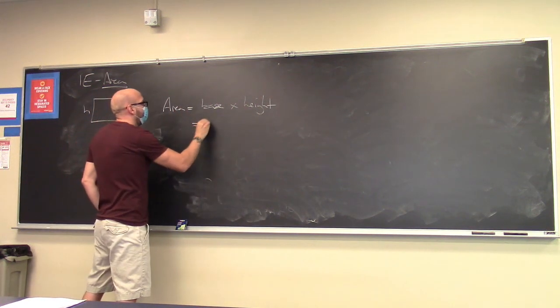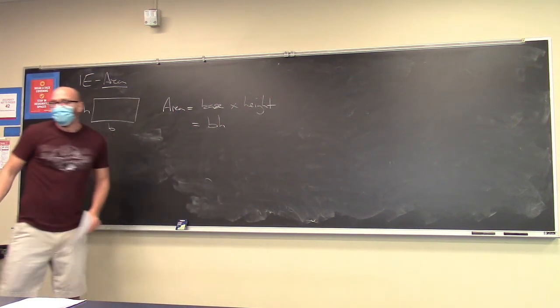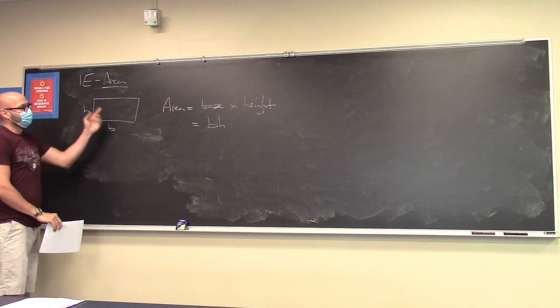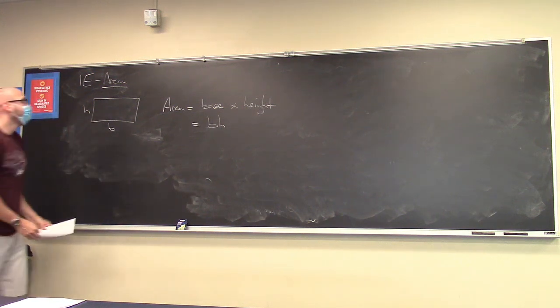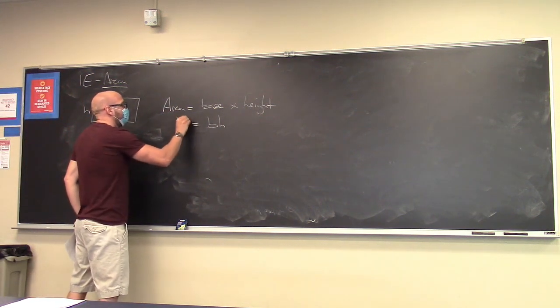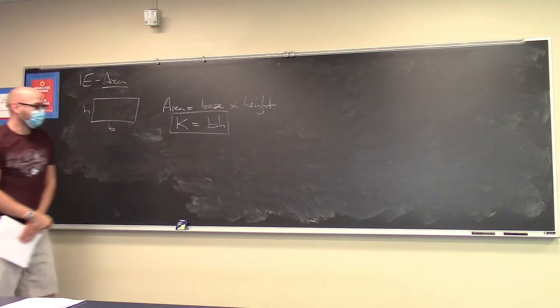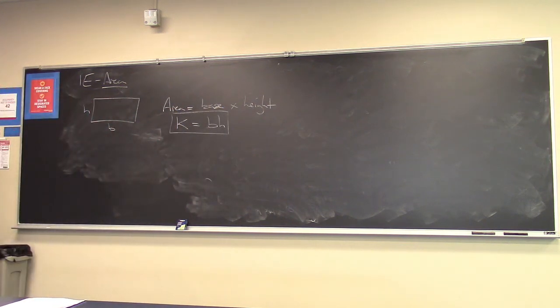That's just BH. We can take this as a definition: we'll define the area of a rectangle to be base times height. Our textbook always uses K for area, so I'll match them. Capital K is BH.